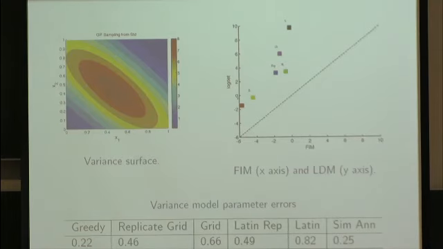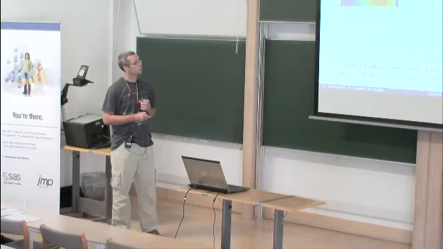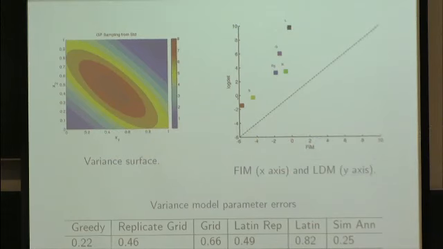Ideally, for all the designs, you want the Fisher information to correspond exactly to this quantity, because asymptotically this is what you're trying to get to. And we see a relationship here. These L and Z are the single replicate space filling designs, the maximin Latin hypercube and the grid design. These are the replicate grid and replicate maximin Latin hypercube, and this is the simulated annealing and the grid design.